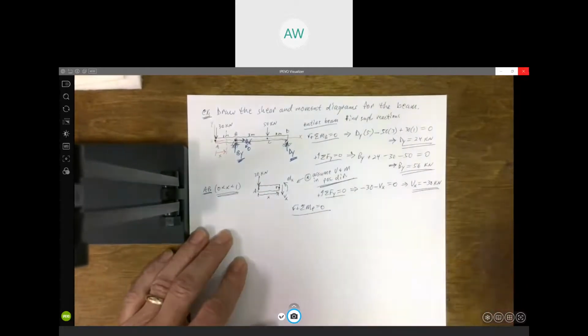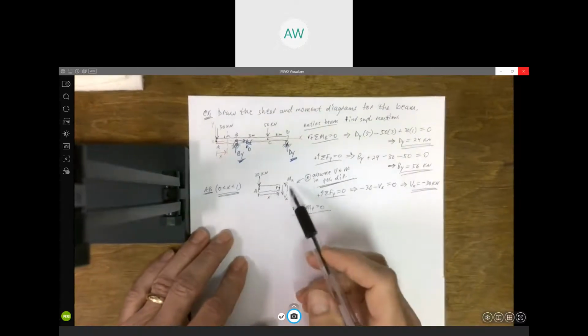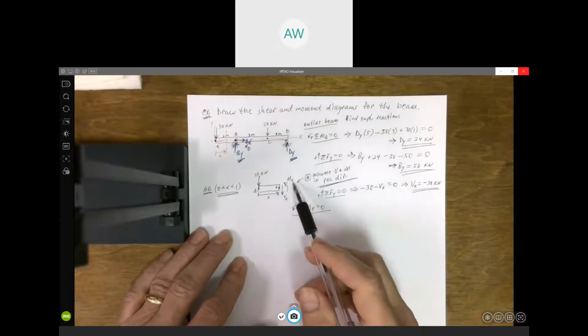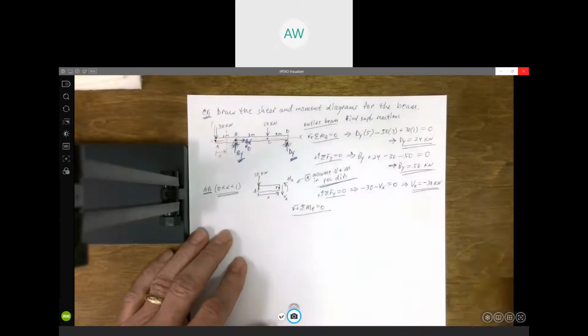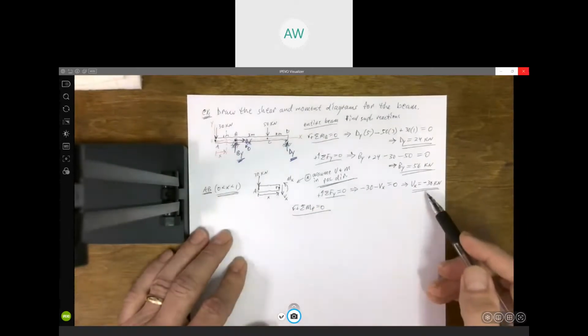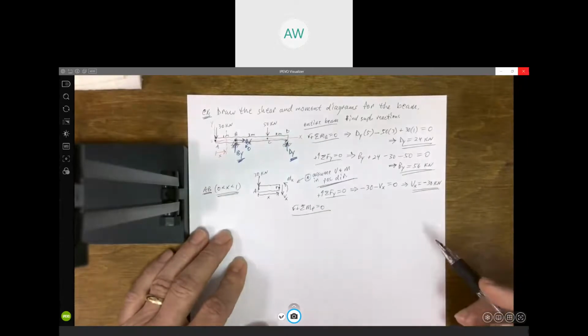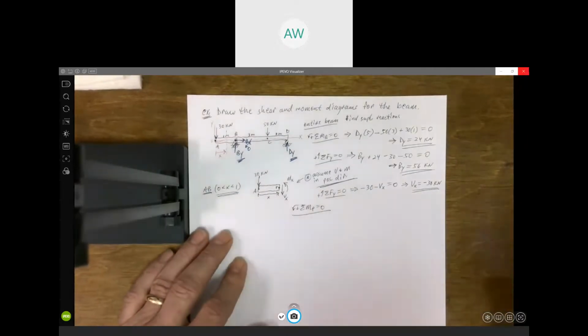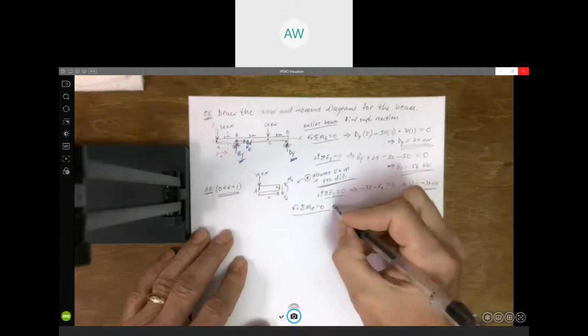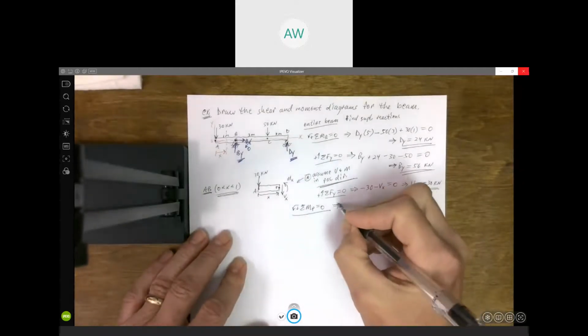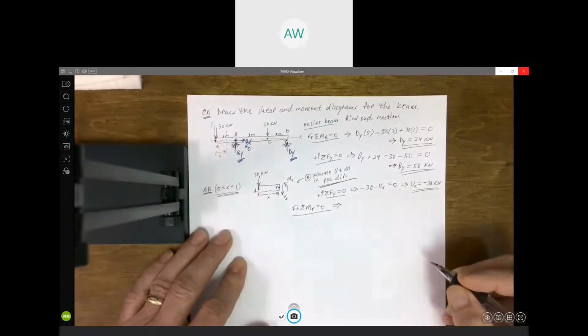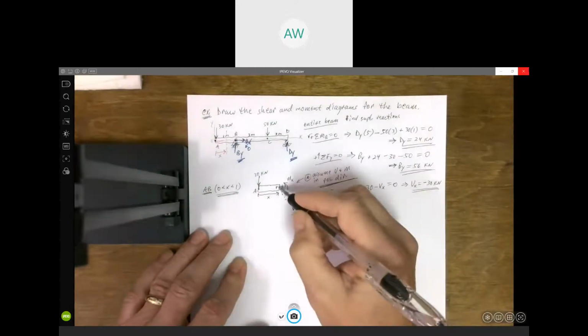That's the motivation for doing this. Yeah, we could sum the moments about A, and now that we know what Vx is, we could solve for M. But again, if we mess V up, now our M's going to be wrong. So you don't have to do it this way, but I encourage you and suggest you do, and that's why I'm doing it.